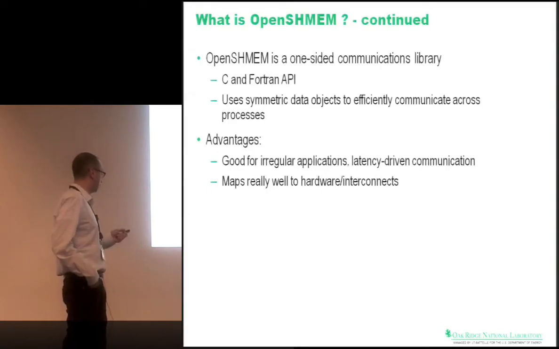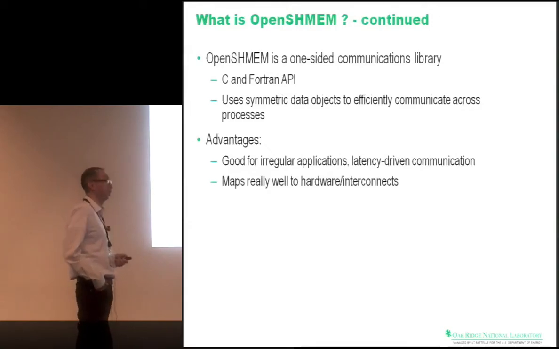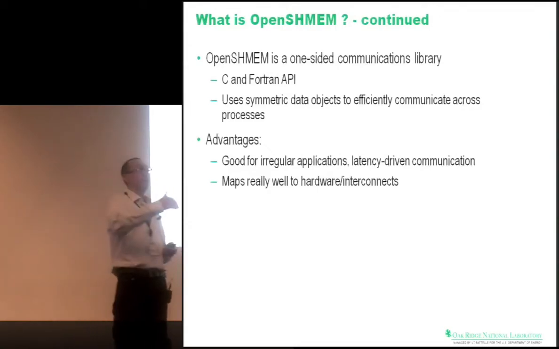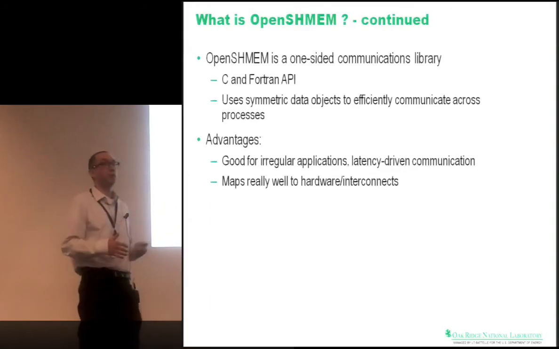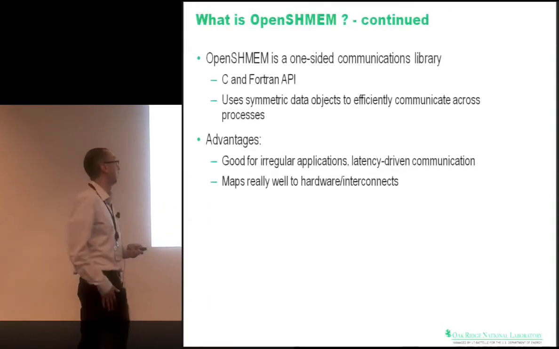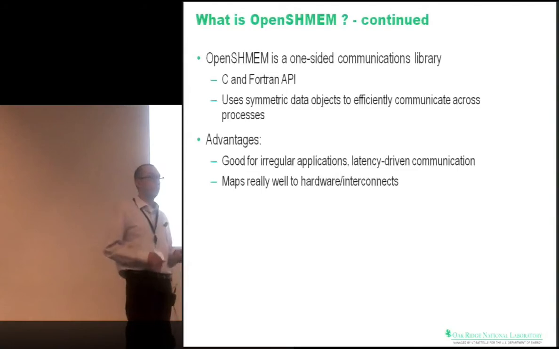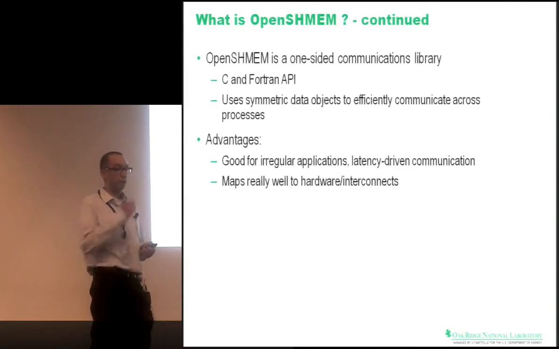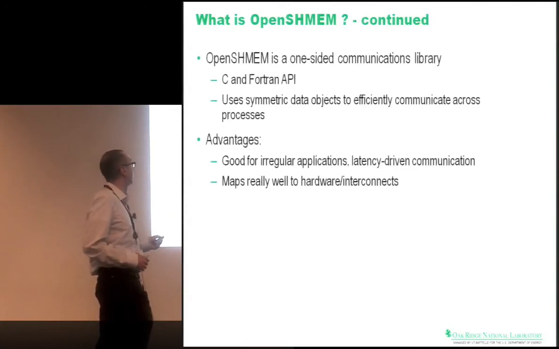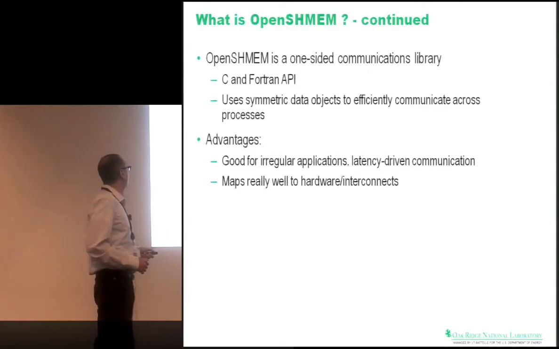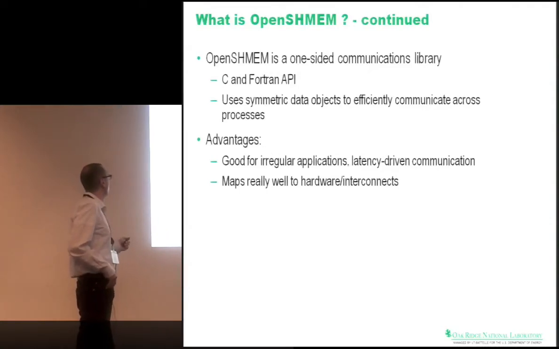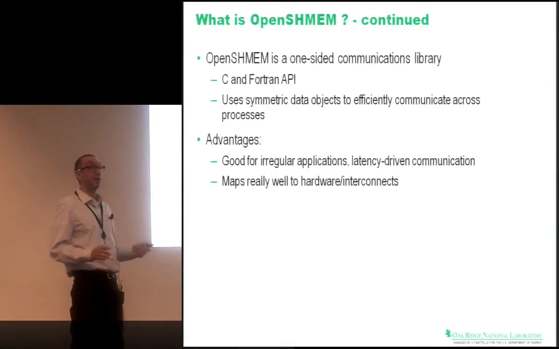The main advantage is that it's really convenient for irregular applications, where the passive side doesn't have to be involved in communication. You just may go and read any address space. It's very latency driven. We really focus on making sure that software overheads are really low, so we may access the memory really fast. And as I show later on, it maps really nicely onto hardware, particularly RDMA hardware.